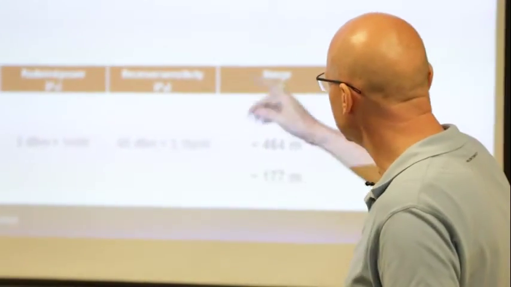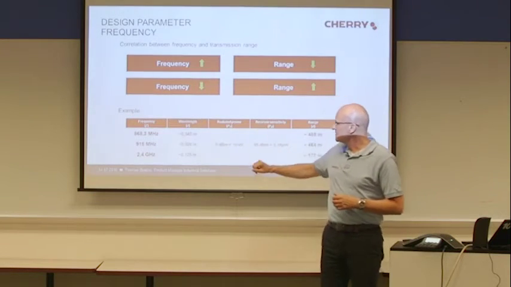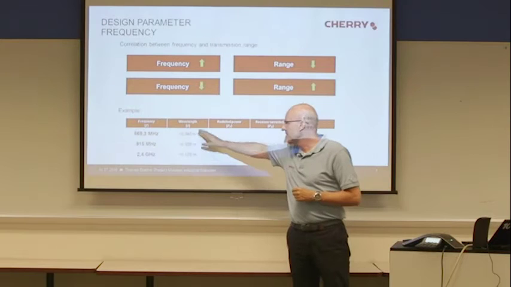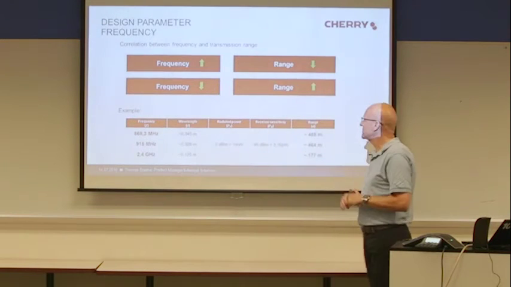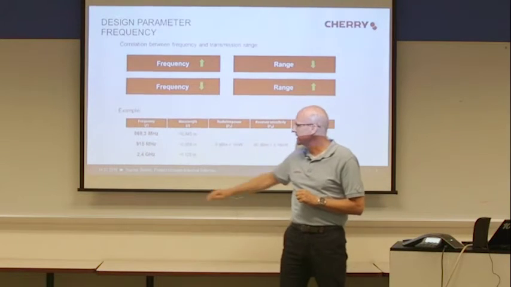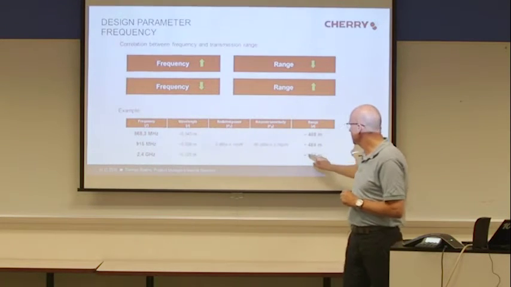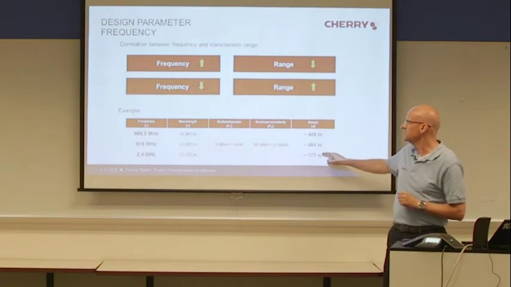And here you can see some examples. The transmission range depends on the frequency and the wavelength, but that's not so important. Here you see the physical transmission range of a 2.4 gigahertz system is 177 meters.